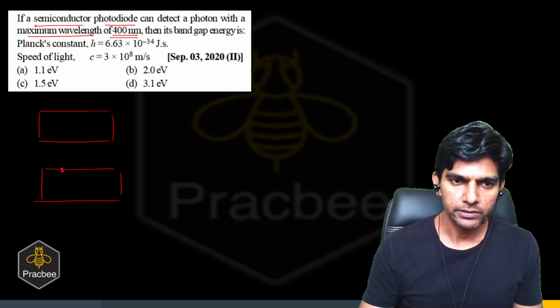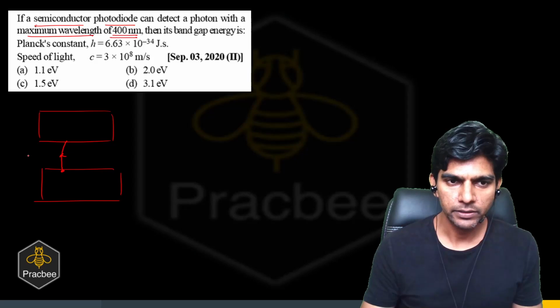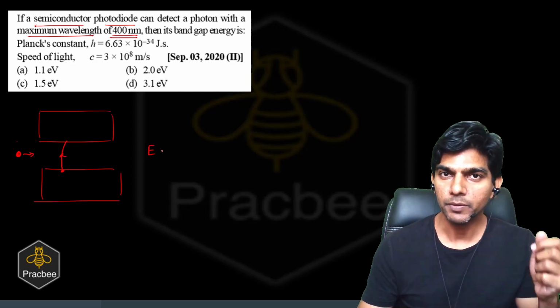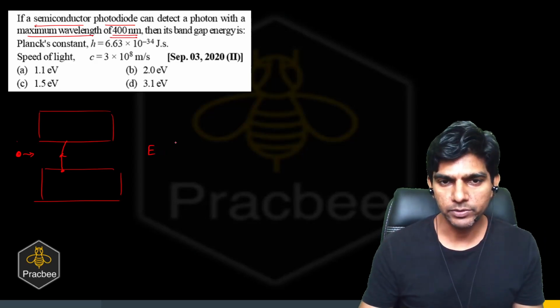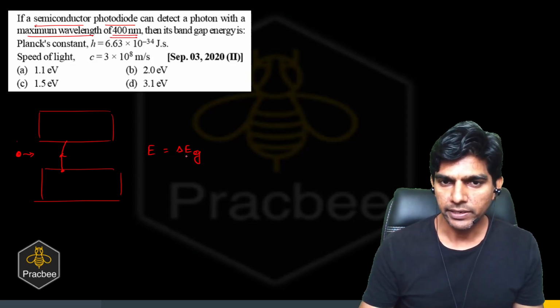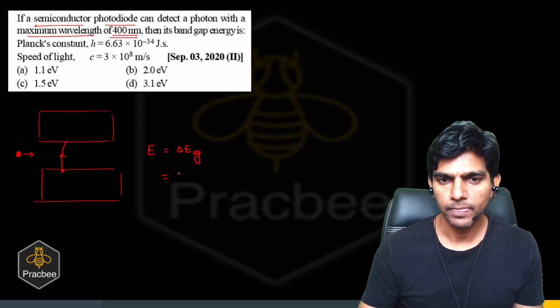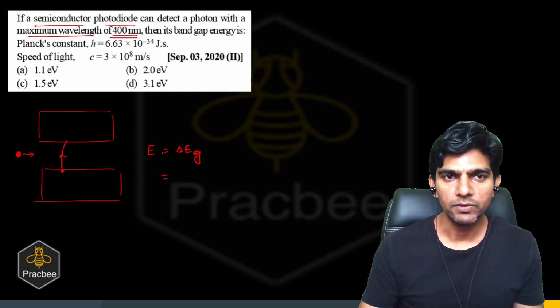The electron is gaining energy and goes to the conduction band, with the incident photon. The minimum energy required for this transition to happen should be equal to delta Eg, so the energy of the photon will be equal to delta Eg, and we have the given wavelength.